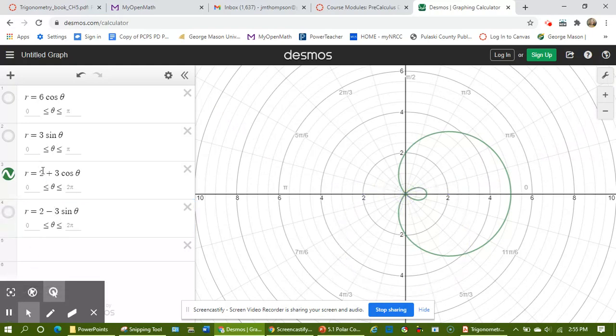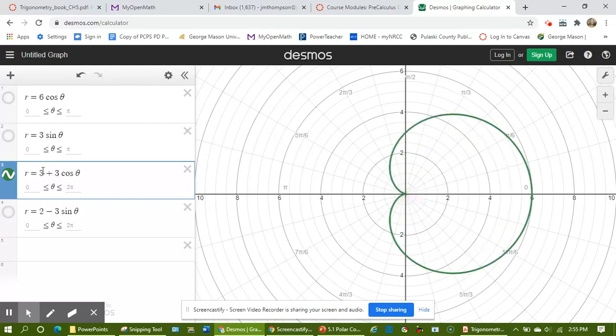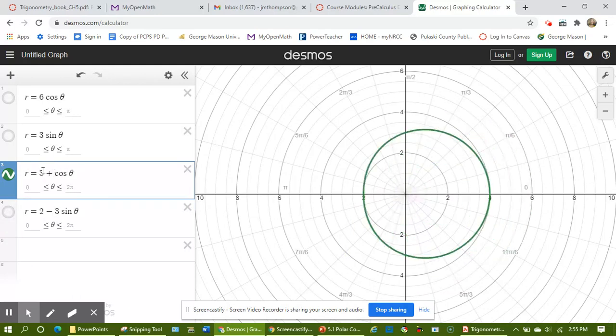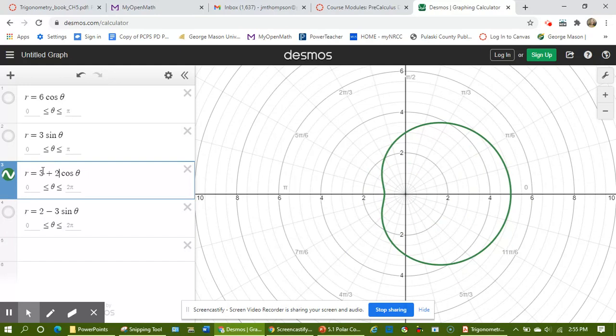Now, if the a is larger than the b, so a over b in this case, let's say it's between 1 and 2. So between 1 and 2, this is a over b equal to 1.5. We get a dimpled limacon. It's got a dimple right there. Okay, so this is a cosine dimpled limacon.